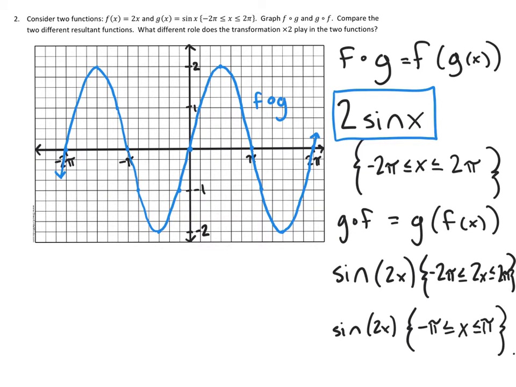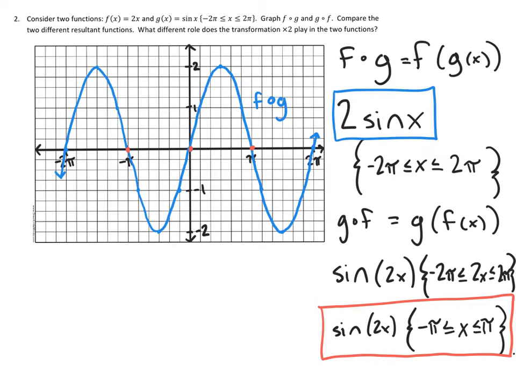And then in red, I'm going to graph g composed with f. This is a dilation about the y-axis. All of the points are going to get compressed towards the y-axis, including the domain restriction we saw. So this is only going to go from negative pi to pi, but the whole entire period is shifted inwards.